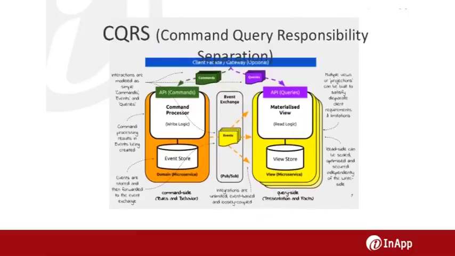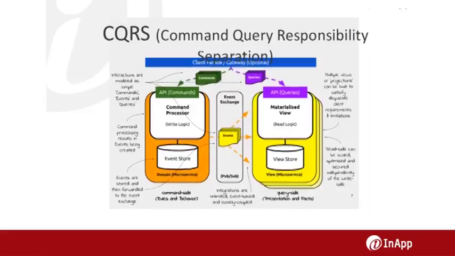Now I mentioned before that you can design your service as a set of commands and a set of queries and a set of events. So commands are the writes. On your left hand side you have the command processor, which is the write logic. You can do validations and things like that, and then you publish an event. And when you publish an event, you can have the event published to multiple consumers.